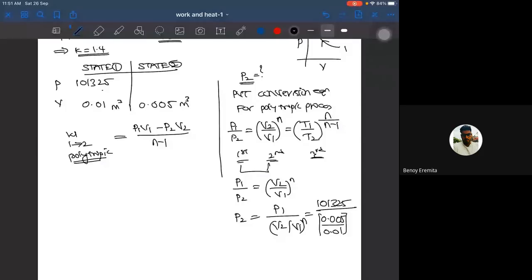Just substitute the values. 101325 is your P1, V2 value was 0.005 divided by V1 value, 0.01, whole to the power of n. The n value is how much? 1.4, yes. So the value of P2.